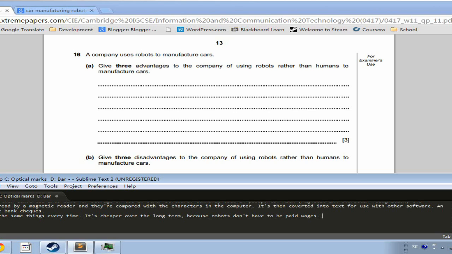We'll see why that answer would be wrong in the next part of the question, because we're going to put it's cheaper in there as well. See if you can think about why. Okay, so robots produce the same thing every time. It's cheaper over the long term because robots don't have to be paid wages. Robots are more productive.